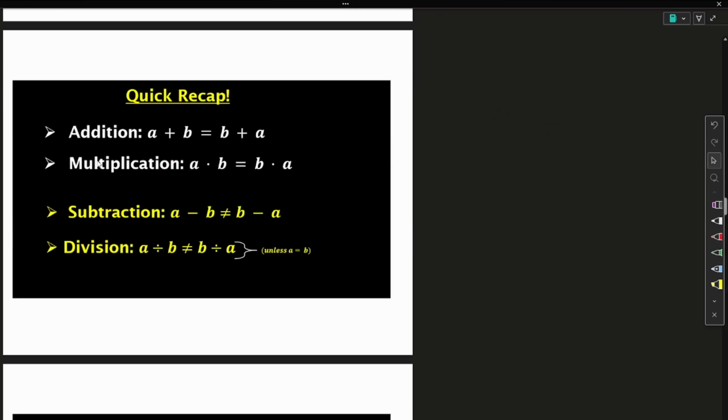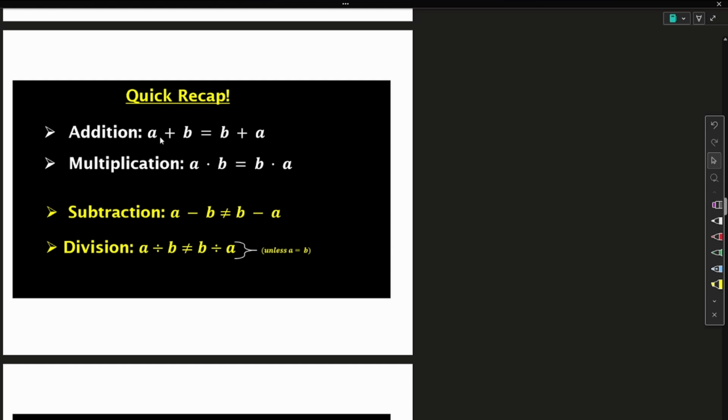A quick recap. All right, let's quickly recap what we've learned today. The commutative property states that the order doesn't matter for addition and multiplication.